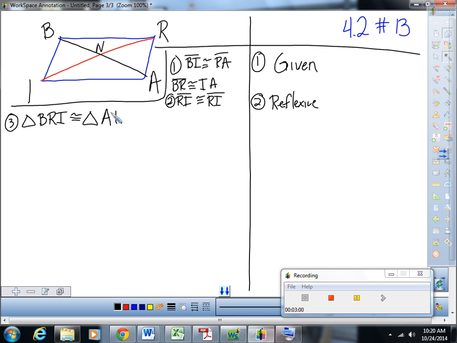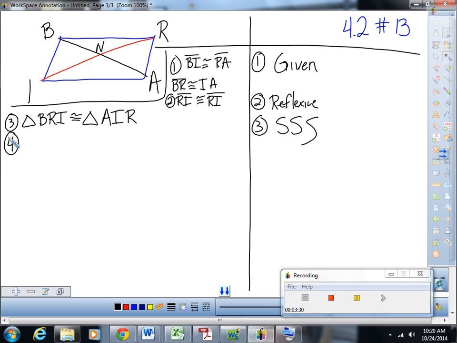I've got to check this congruence statement real quick to make sure I've written it in the right order, because that's going to be the key to this proof. I started out with what looks to be an obtuse angle, then went down the long side and then down the red side. Then for the other triangle I started with what appears to be an obtuse angle, went down the long side and down the red side. That is correct. So now I'll wait for my CPCTC.